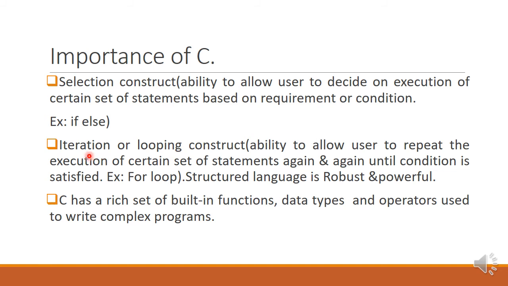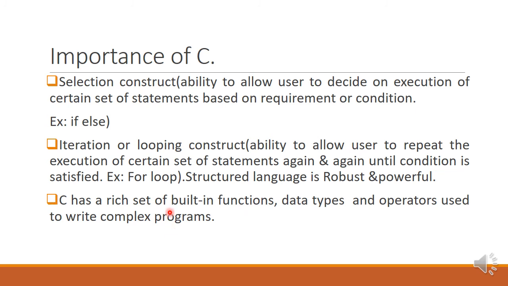Next, iteration or looping constructs. What do we mean by iteration or looping constructs? If you want to repeat any statements, then we use the concept called iteration or looping. For example, we have the for loop statement. Other than this, C has a rich set of built-in functions, data types, and operators, and we use all these to write complex programs.